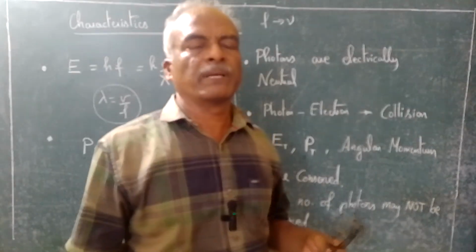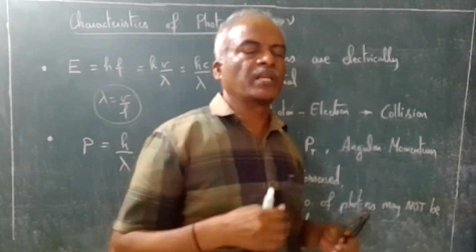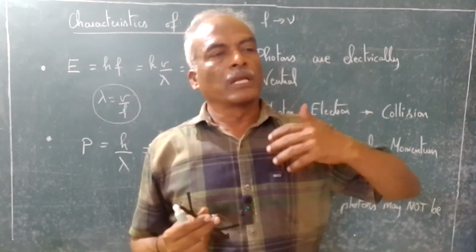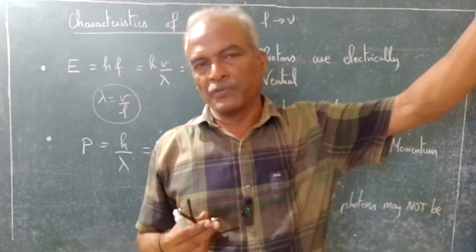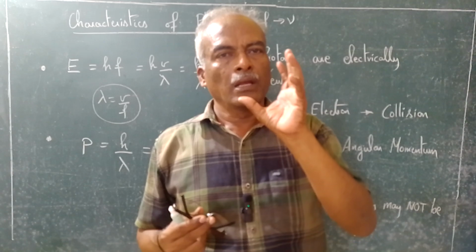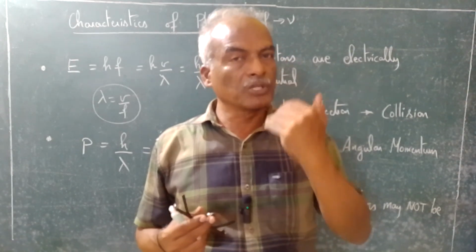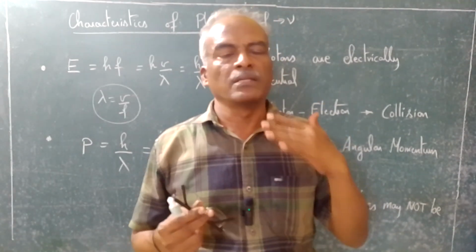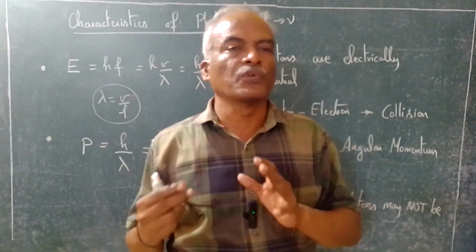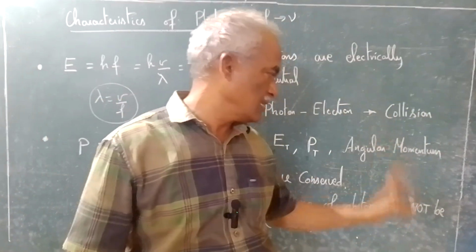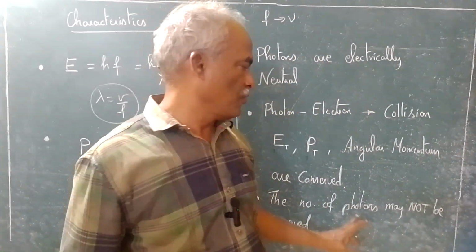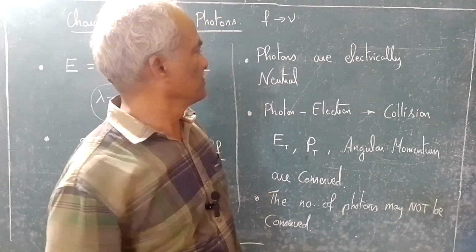So you cannot expect that if 100 photons are striking a material, the number of outgoing electrons may be 50. So 50 photons are absorbed by the particular material. So if that is the case, if you compare the number of incoming photons and the outgoing photons, it may not be conserved. The number of photons may not be conserved.